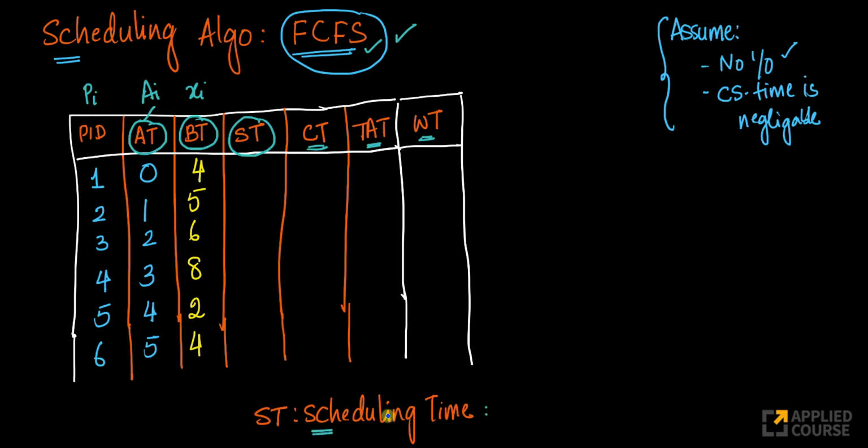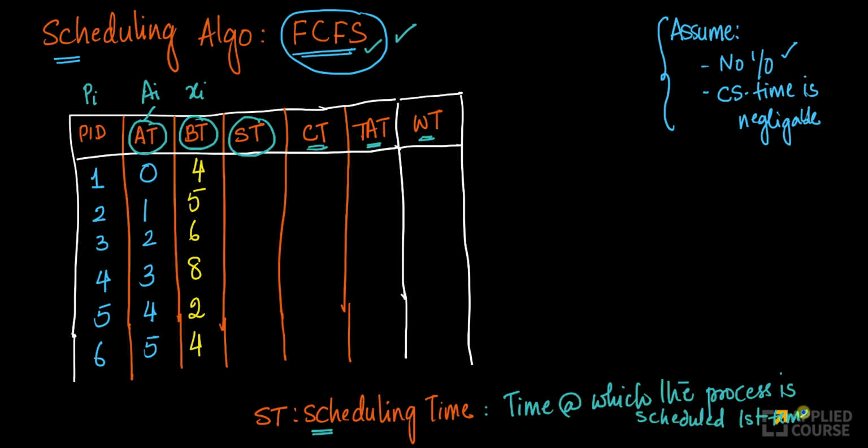This is something that we have not discussed in the previous video, but scheduling time is the time at which a process is scheduled the first time. When I say schedule, it means it is given the control of the CPU the first time, right? So that's what scheduling time is.